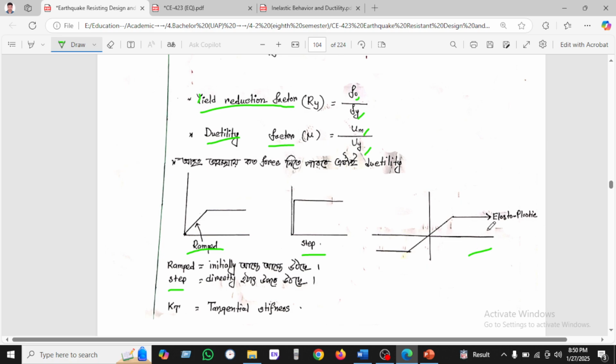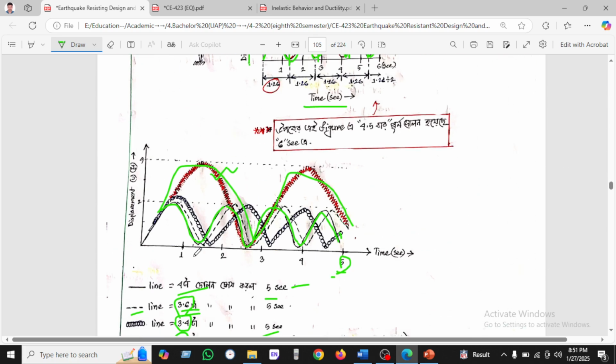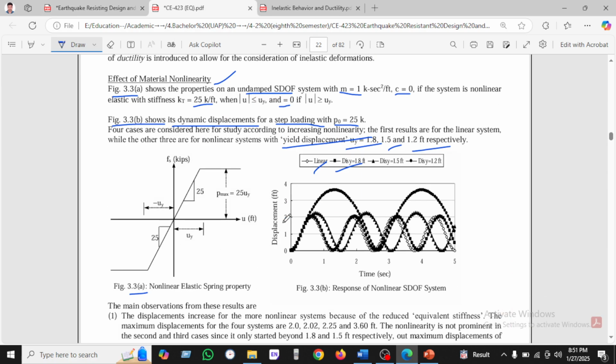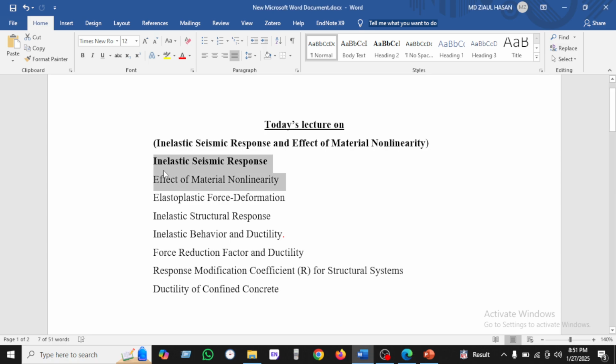The elastoplastic is almost the same as the ramp and step loading. We can see another one, the yield displacement factor. Okay, so we have completed the elastic response and the effect of material nonlinearity and elastoplastic deformation.